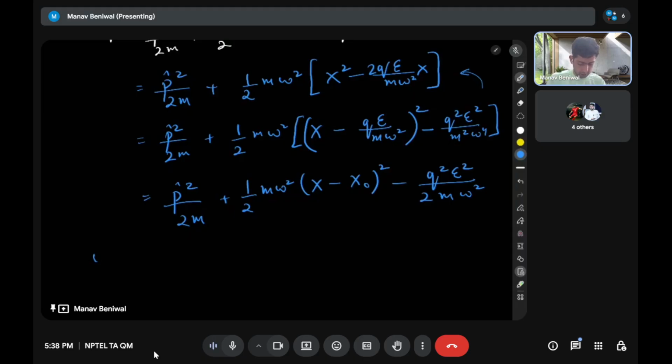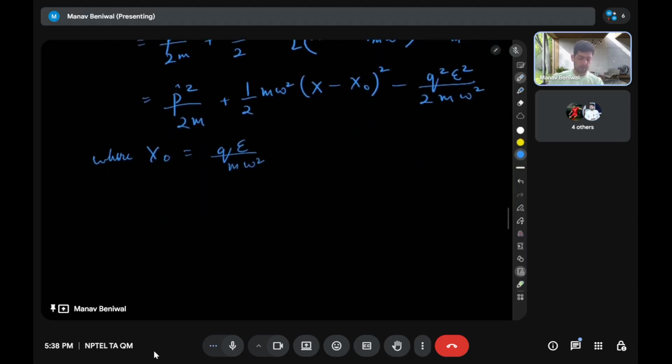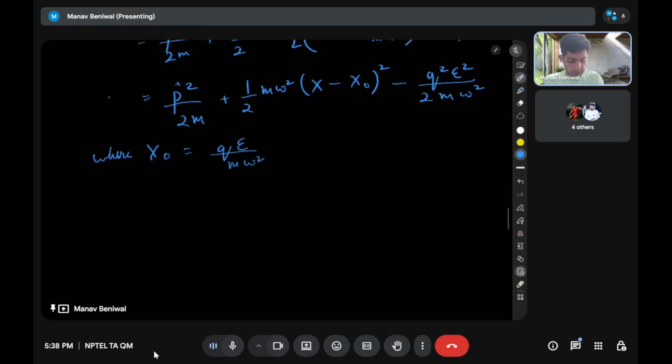Where x naught is qE by m omega squared. So this is our Hamiltonian H.